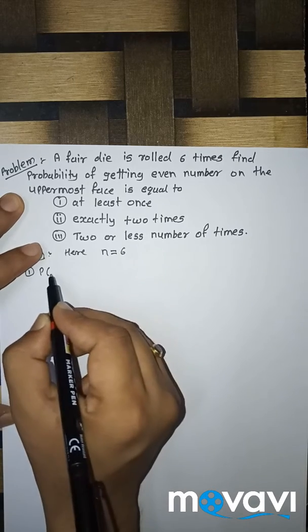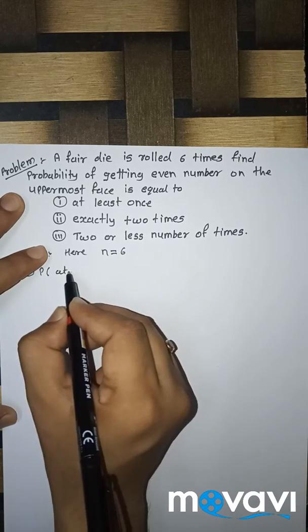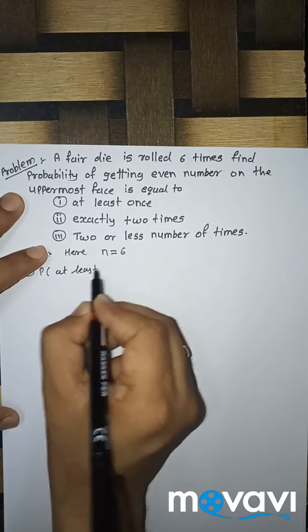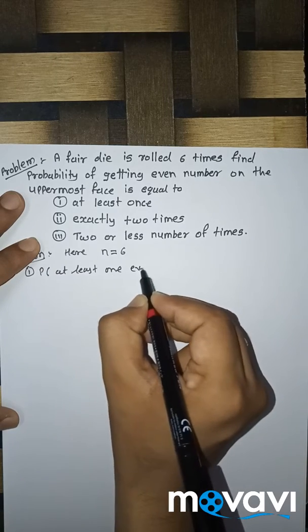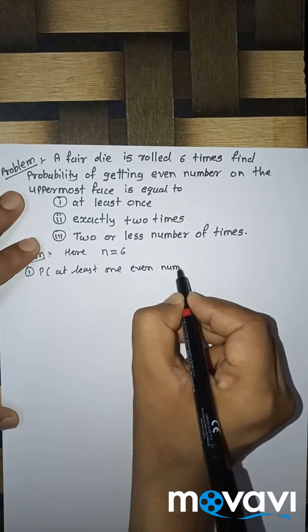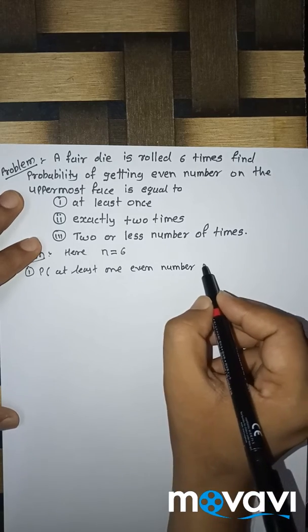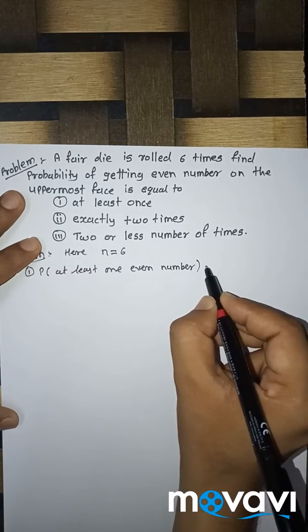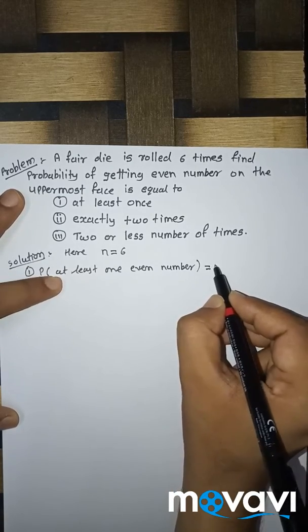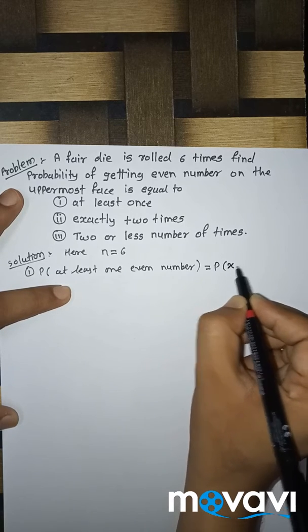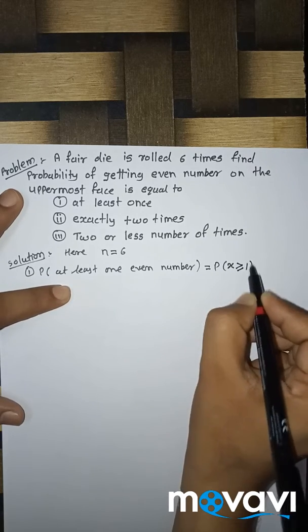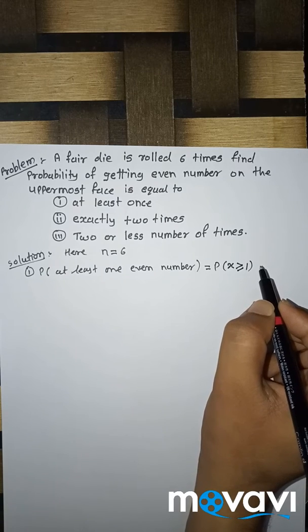First case, probability of at least one even number occurring on the uppermost face. At least one is equal to probability of x greater than or equal to 1. At least 1 means x is greater than or equal to 1.